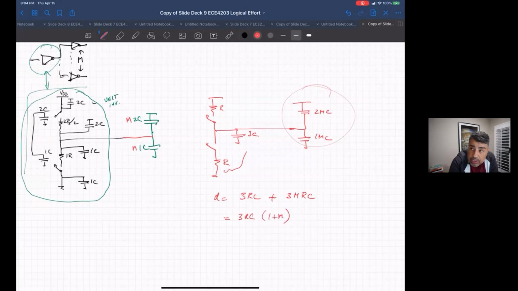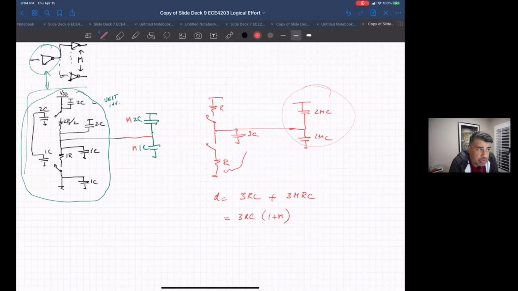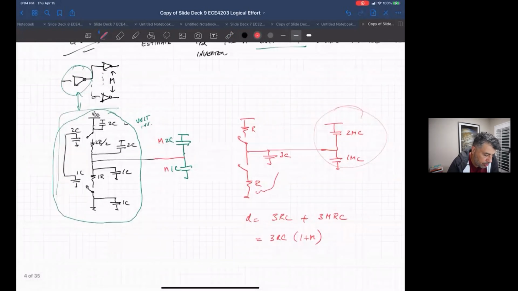Does that make sense, Logan? Did you manage to follow me? Yep. So it's pretty simple. We just have some capacitors, some resistors. Let's say you're driving a load of 10 other inverters.